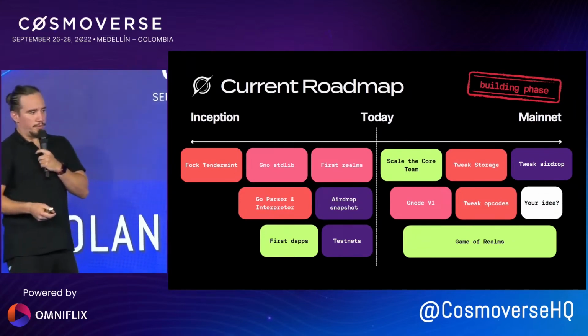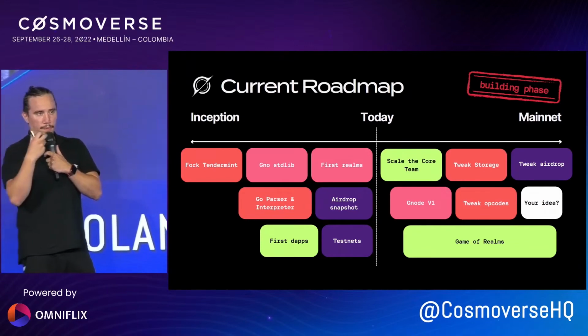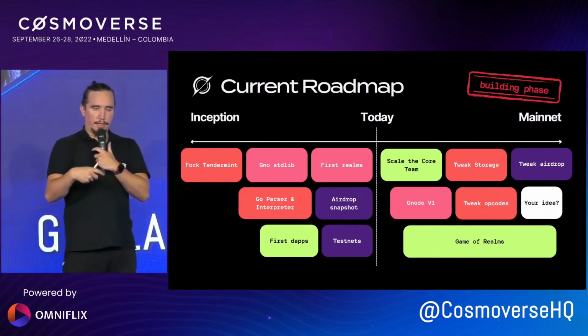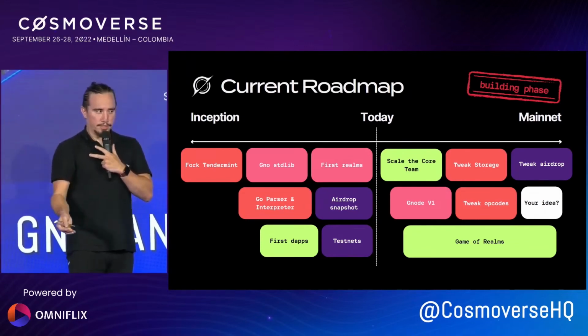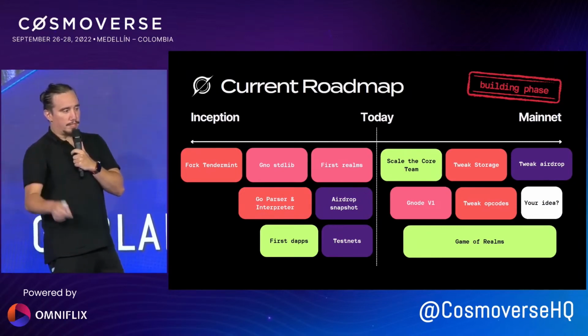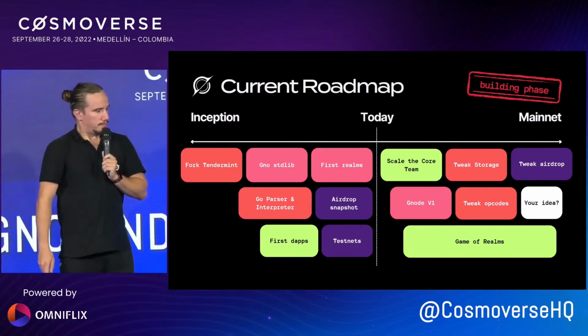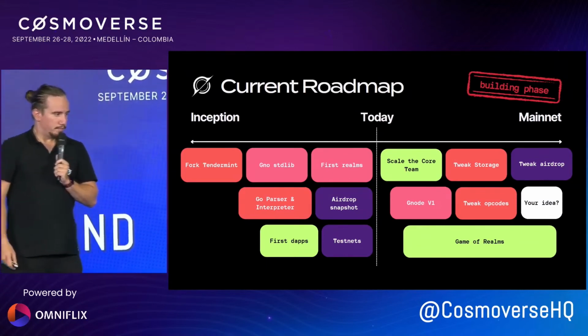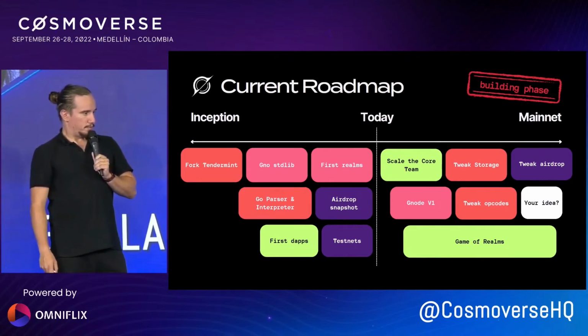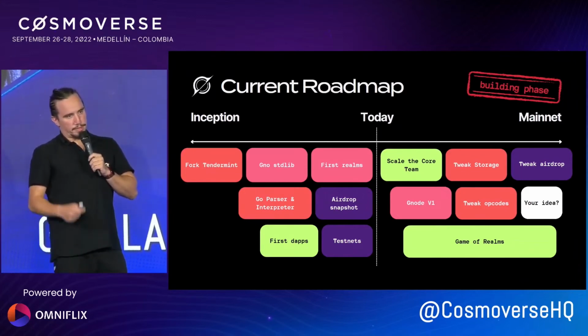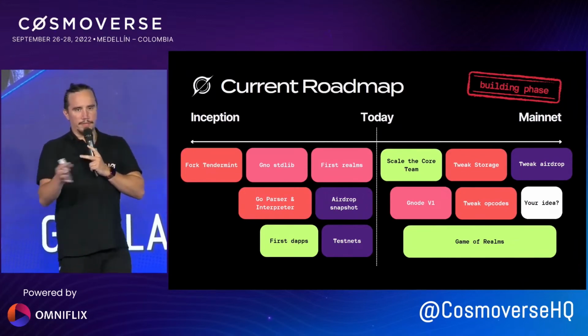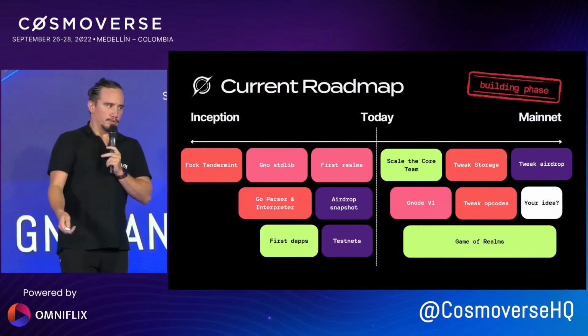So at the end, we will make an airdrop based on Atom on our part, and we'll allow any other chains or exchanges to make additional airdrops in the future. And we will make Game of Realms, but I will tell you more in a few moments. And yes, Gnode v1 is important for us to start with a DAO governing the chain, managed by the contributors.